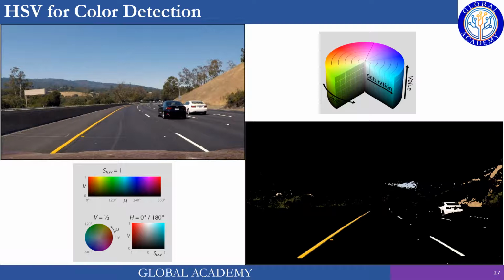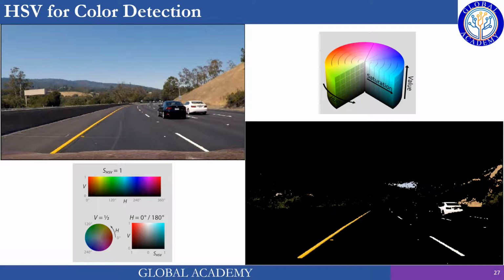So we can select a color range from this component, like an angle between say 50 to 60 or 50 to 70, something like that. So we can select a range of color from the image. It's called color masking.